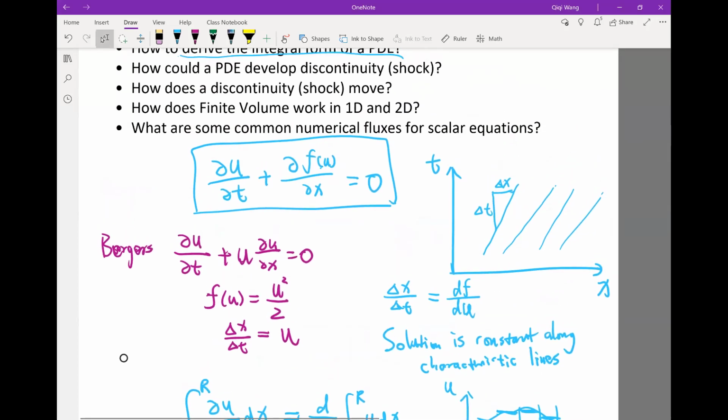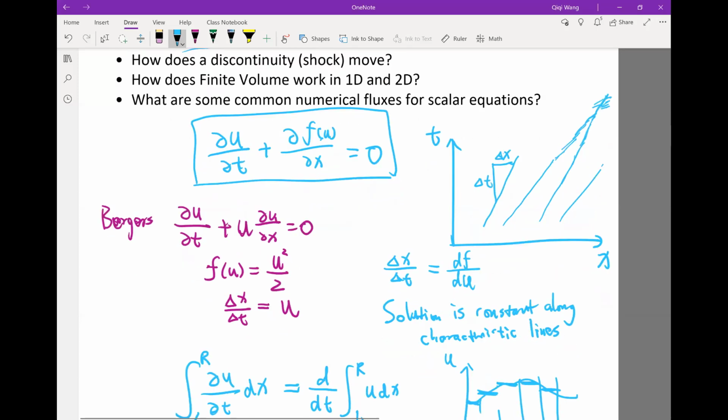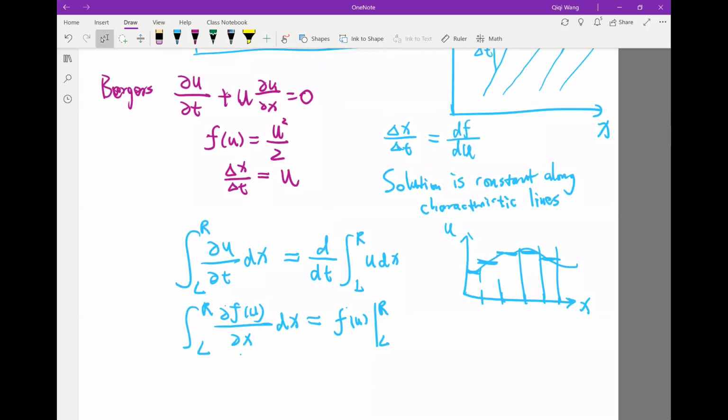Okay, and another thing to know is how does the PDE develop discontinuities? That is when the characteristics are non-constant and they merge, this is going to become a shockwave, a discontinuity. And the discontinuity moves with a speed that is quite similar in spirit to the slope of the characteristics.